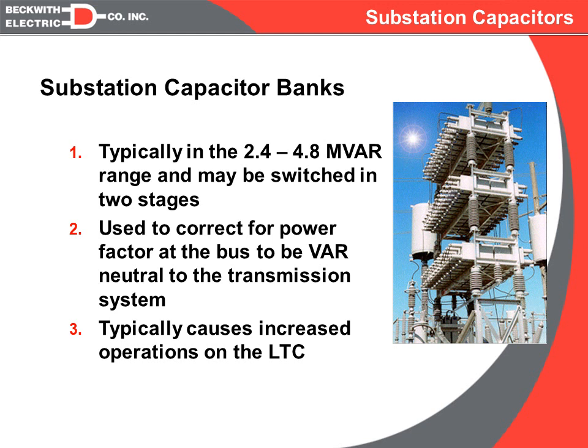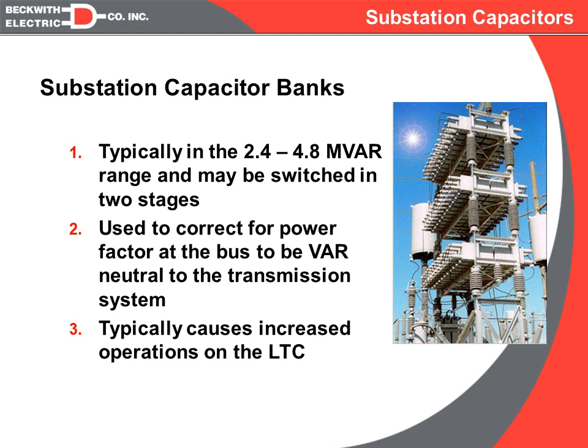The reason for this can be seen in a normal day's load. In the morning, as the load starts to increase, we have a voltage drop, and therefore we need to raise the voltage. But we may not need 2.4 megavars yet. So instead of turning on the capacitor bank to increase the voltage, which may throw us too far leading, we're going to have to raise the voltage via the LTC.